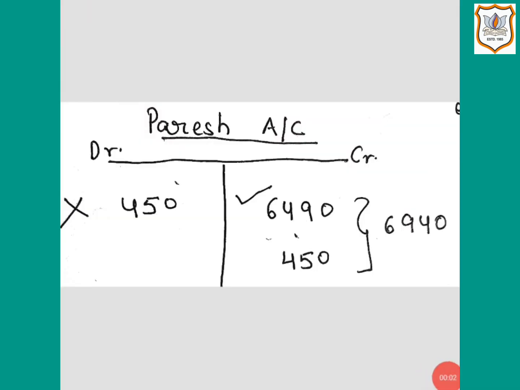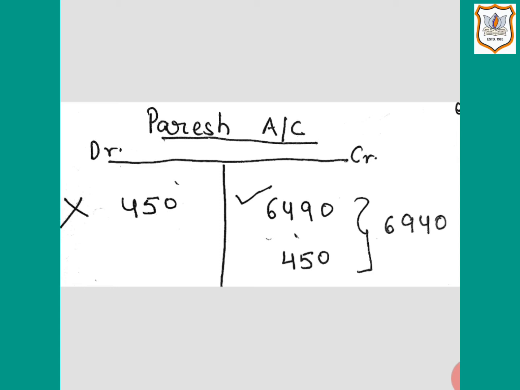So, let us understand how this mistake will be rectified. Here, let us assume that this is Paresh account. So, the journal entry for this would be cash account debit to Paresh account. As Paresh is a giver, his account will be credited.